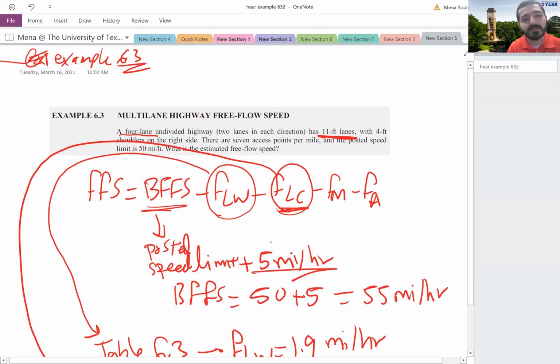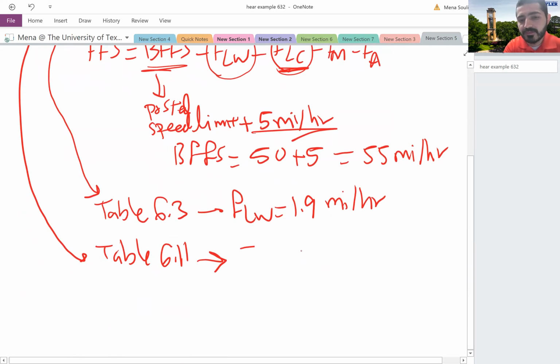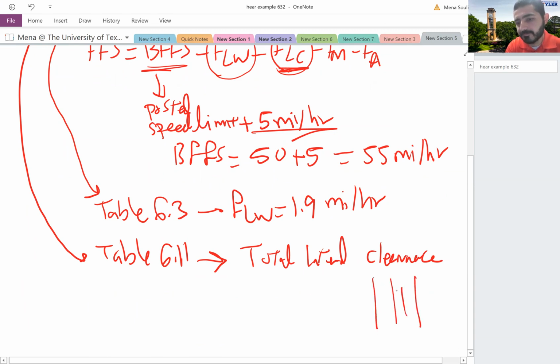And then the total lateral clearance. In this case, how can we get the total lateral clearance? If you recall, if we have a multi-lane highway, we need to measure the lateral clearance from both sides.